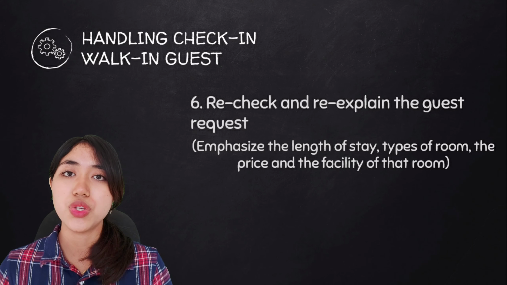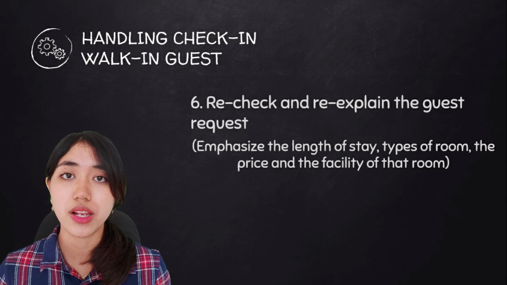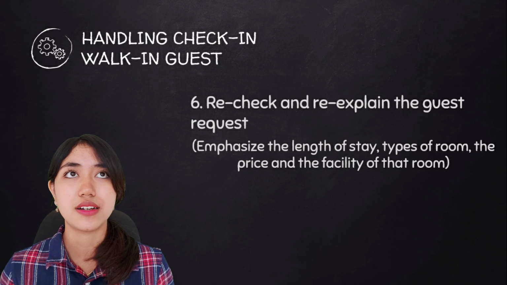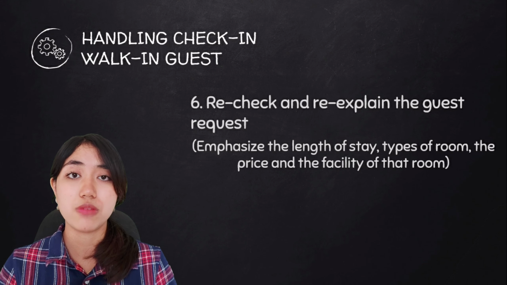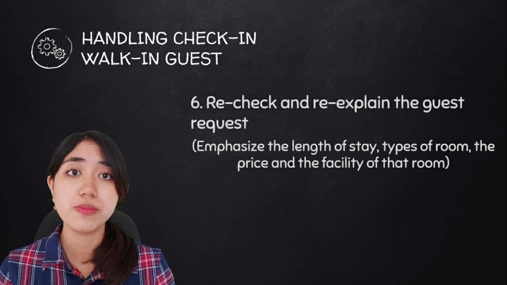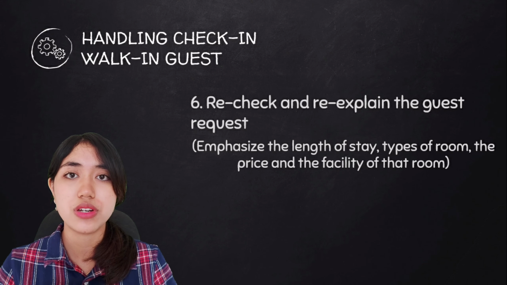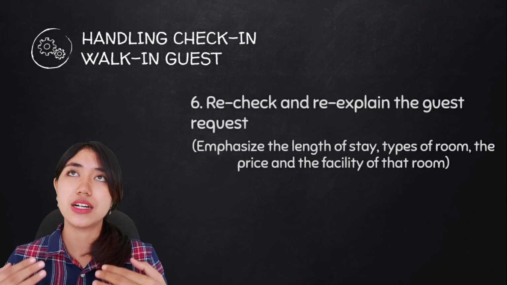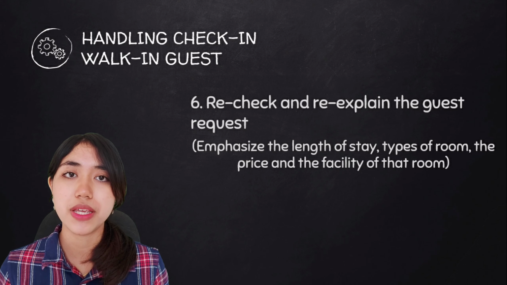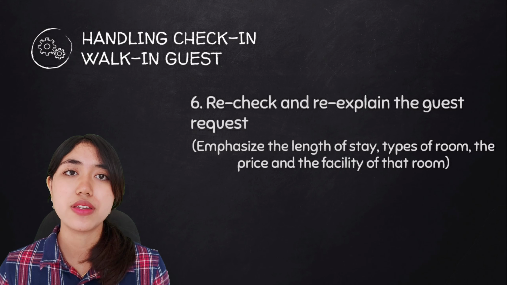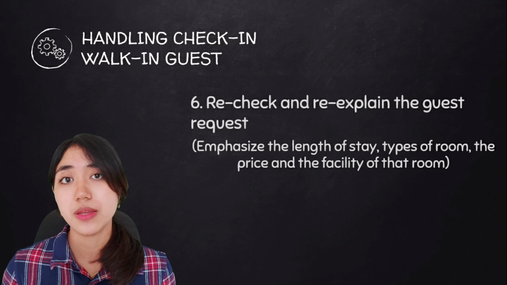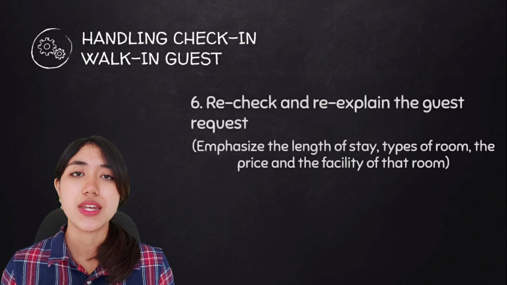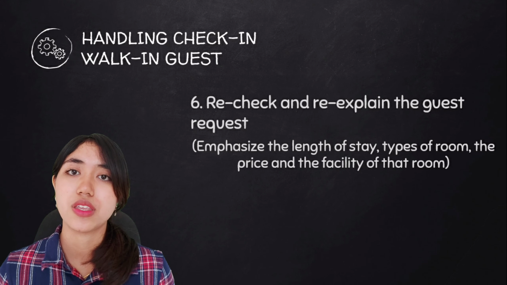Usually, the front office will emphasize the length of stay, types of room, the price, and also the facilities of the room. This stage is very important to avoid problems or misunderstanding between the guest and the hotel staff.